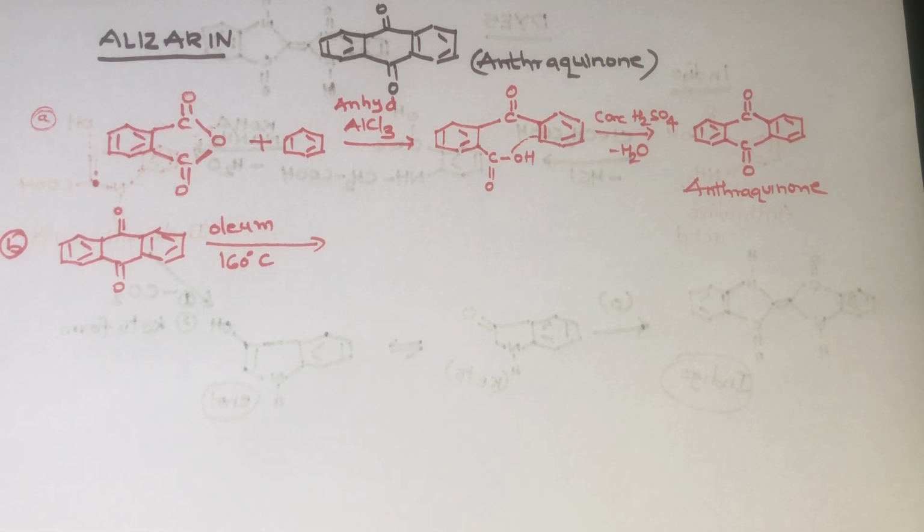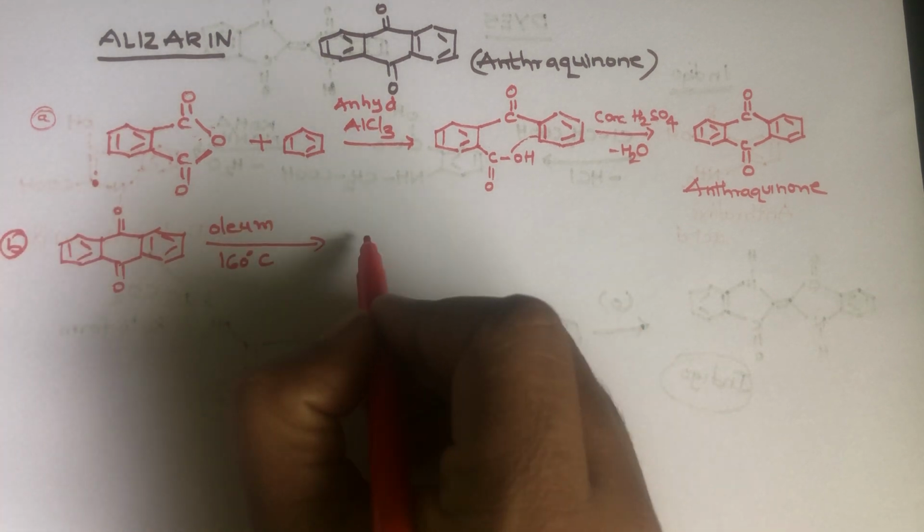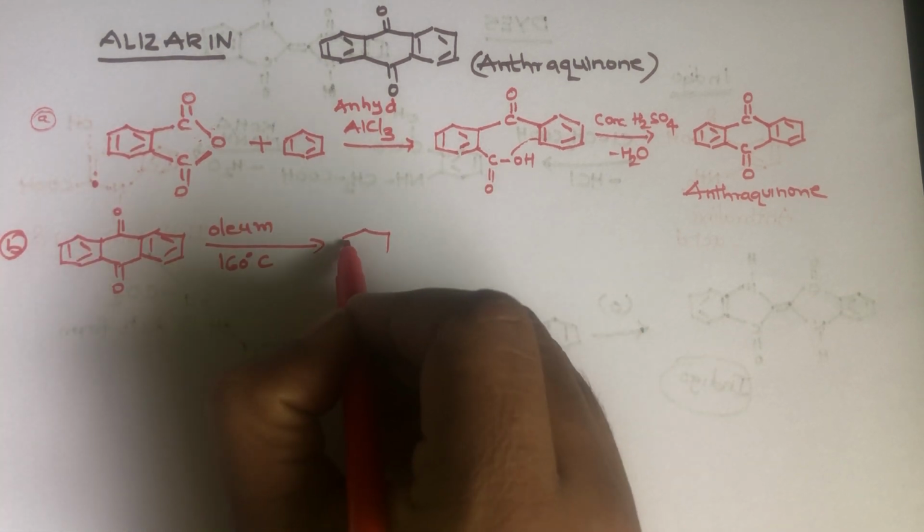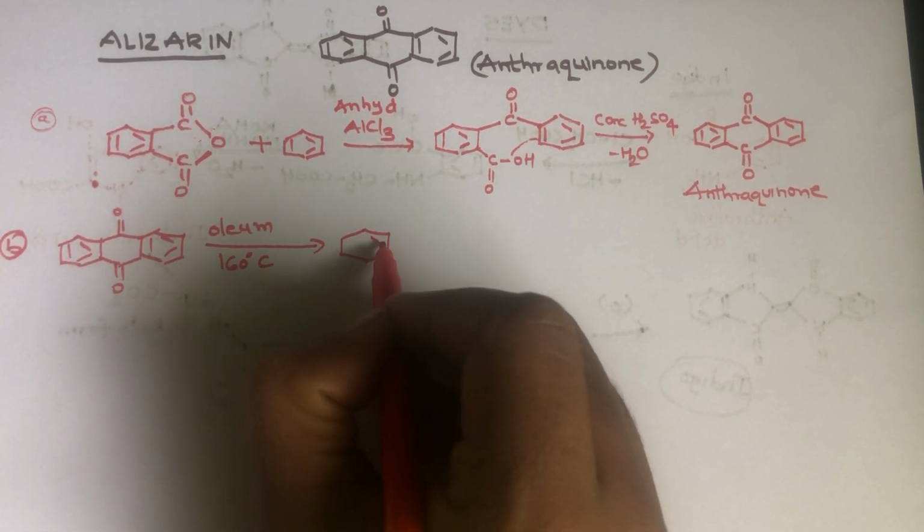That is H2SO4 containing SO3, fuming sulfuric acid. It can be written as H2S2O7 also. At 180 degrees Celsius to give anthraquinone 2-sulfonic acid. So sulfonation takes place. Oleum is fuming sulfuric acid.